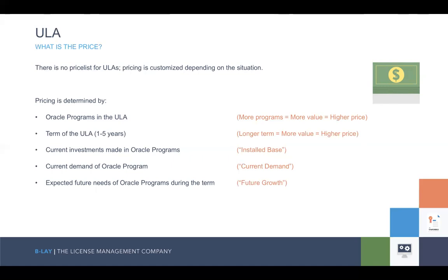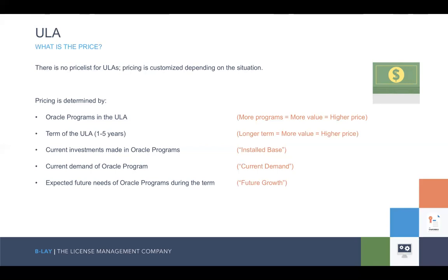So your historical purchase behavior is another parameter that Oracle looks at, combined obviously with what your current and future demand may be. Because of course, if there is knowledge at Oracle that you're going to virtualize your whole estate in VMware, or you're planning to start making use of in-memory database cache or advanced compression, or you have specific situations in your organization in which you're going to transform to Amazon or to Azure, which results in the fact that you will have a period of time of double usage, because while you're migrating to the public cloud, on-prem and in the cloud, you will have double installations, meaning double license requirements.